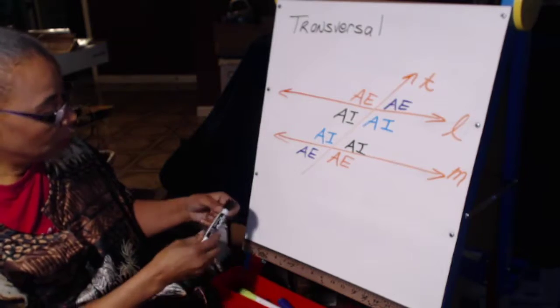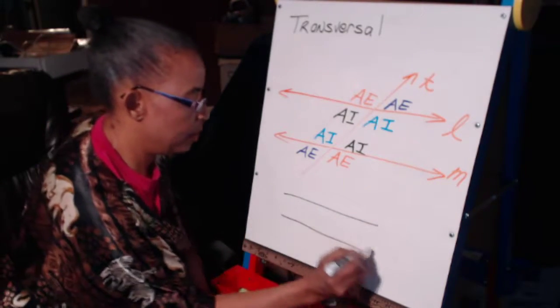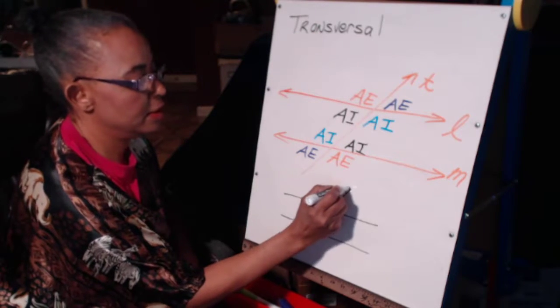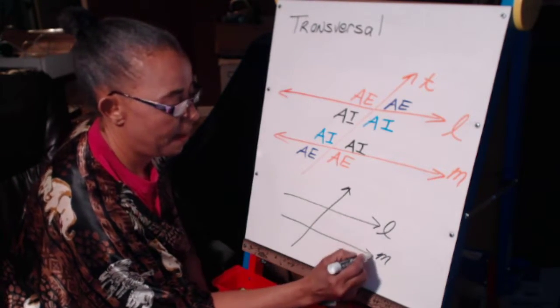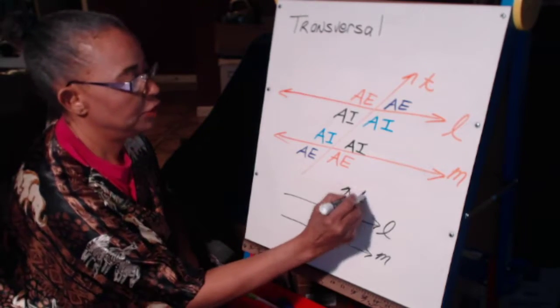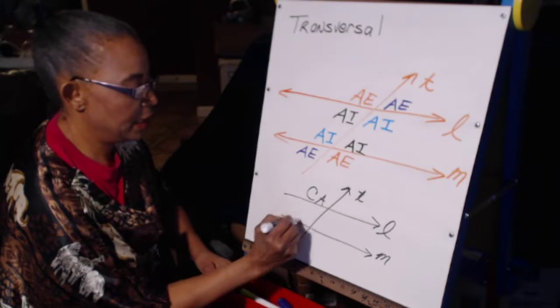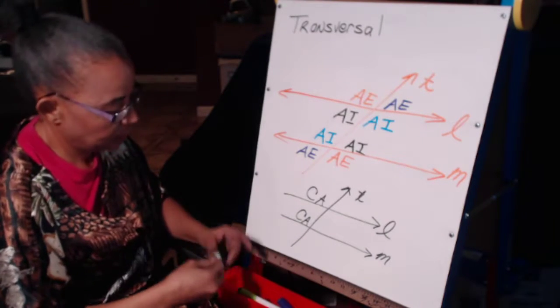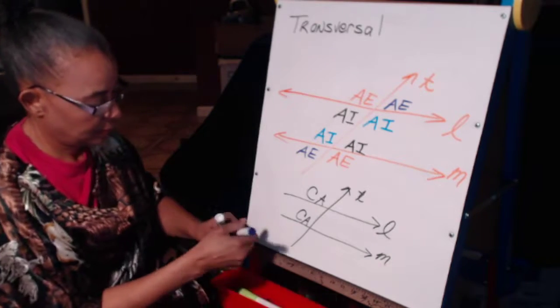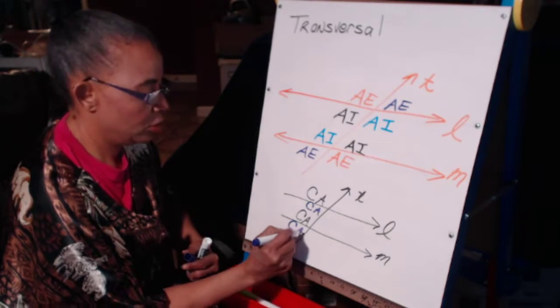All right. I'm going to put a little one on the bottom so we're not dealing with the same issue here. L and M, and this is my transversal T. So that's corresponding, corresponding. Corresponding, corresponding.